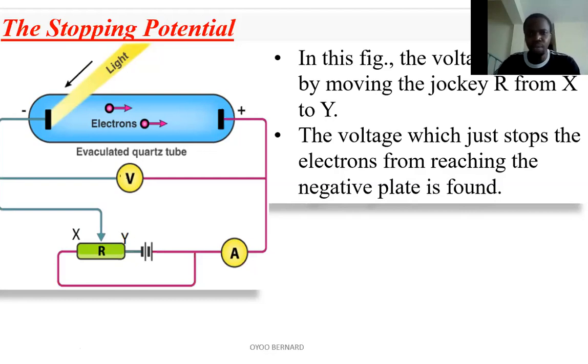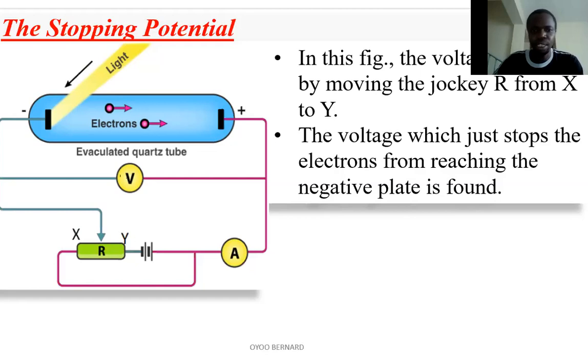At that point, if you go back to what we did up there, you will notice that the current is zero. So the current registered on the ammeter or milliammeter is zero. But then the voltage is some negative voltage.